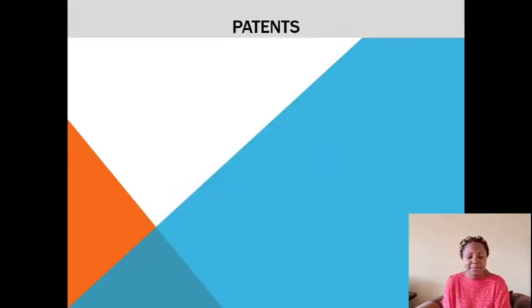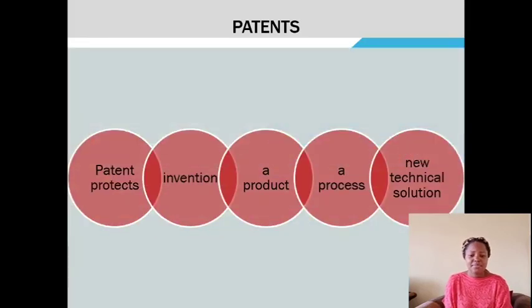A patent protects an invention, a product, or a process that offers a new technical solution. Something that you have come up with, something that is unique, something that is not obvious. It can be a process that makes things easier.